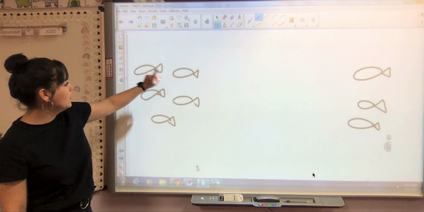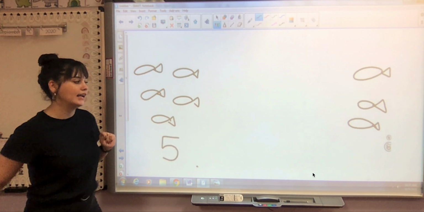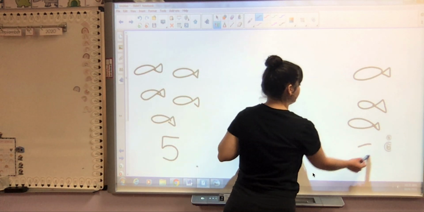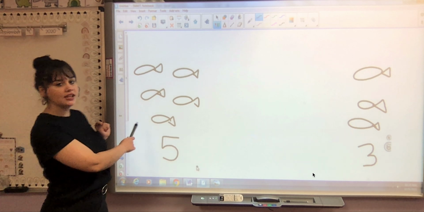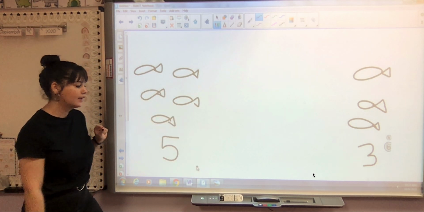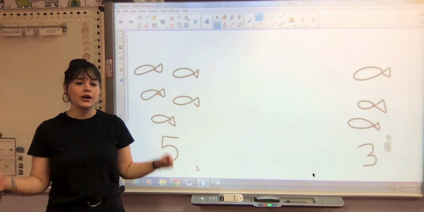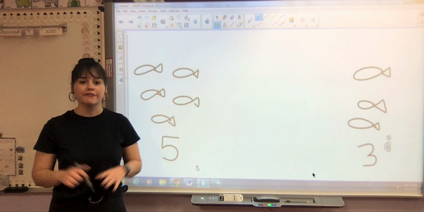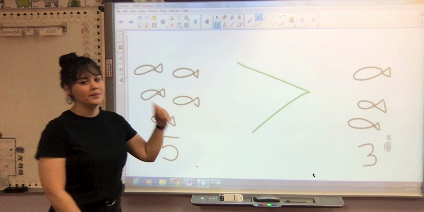So here I have 1, 2, 3, 4, 5. I have 5 fish on this side, and I have 3 fish on that side of my pile. My alligator, when he's looking for the greatest amount of fish to eat, is going to eat that pile.